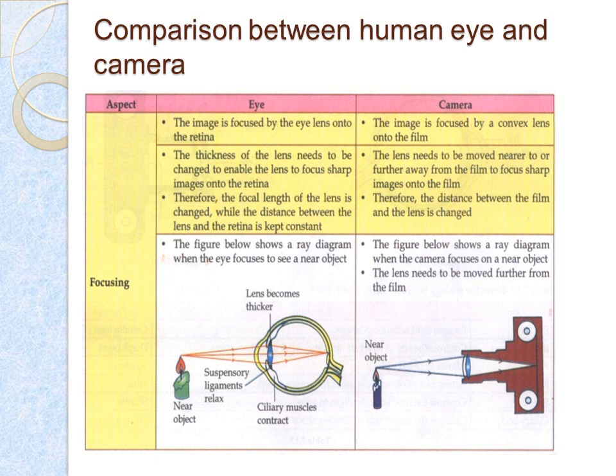Let us see: the image is focused by the eye lens onto the retina, whereas in a camera it is focused by a convex lens, as in the eye, onto the film. In the eye, the thickness of the lens needs to be changed. We have seen that with the help of the suspensory ligaments and the ciliary body, the lens becomes thicker or thinner in shape to focus a sharp image onto the retina.